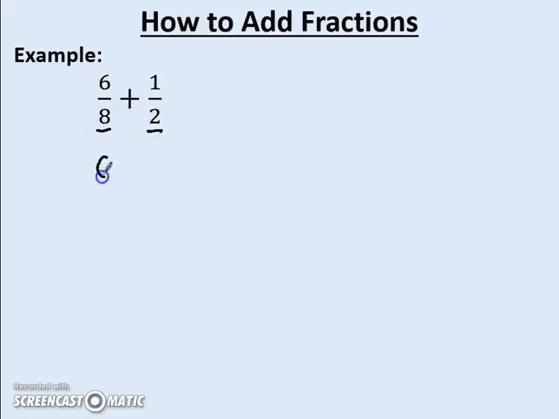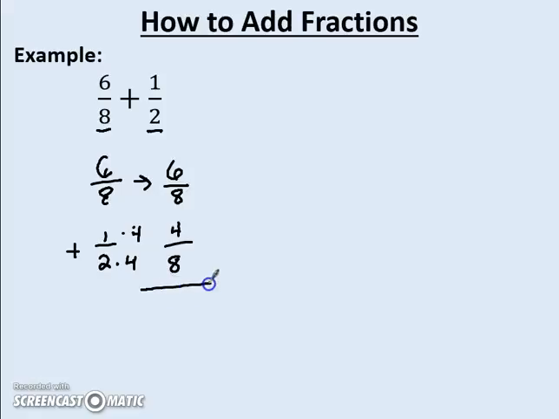So leave 6/8 as it is and change 1/2 into eighths. If you split the halves into eighths, the pieces will be 4 times smaller than they were previously. So your one piece gets 4 times smaller, which gives you 4 small pieces.